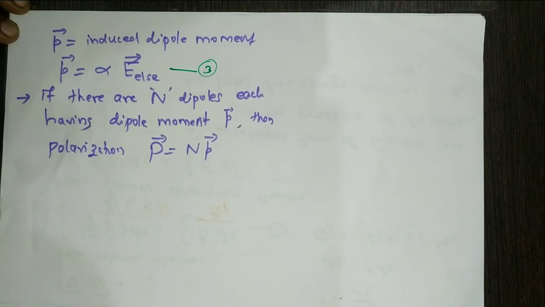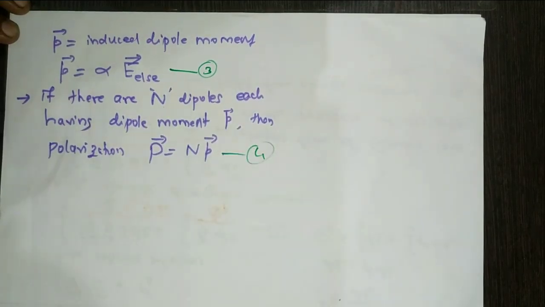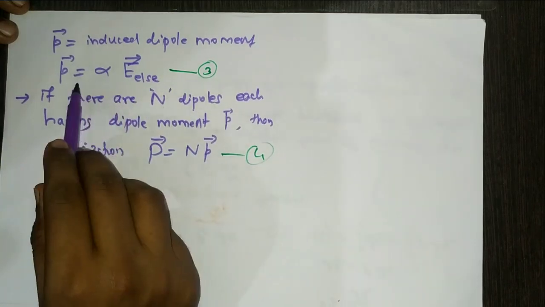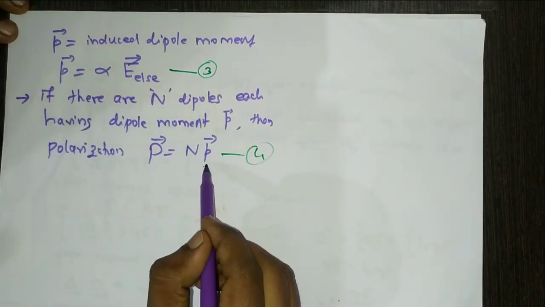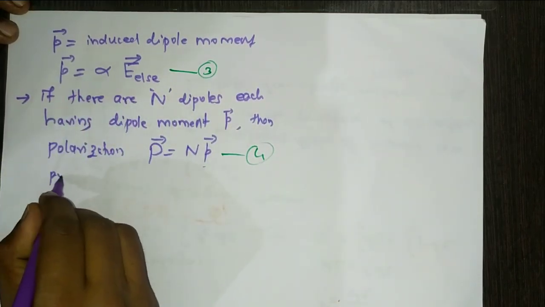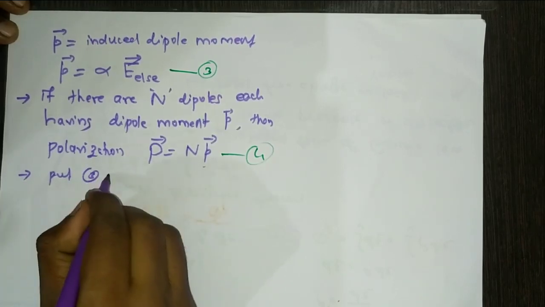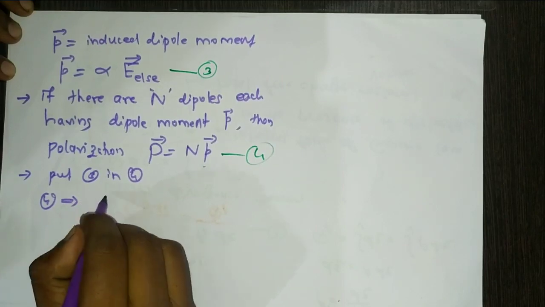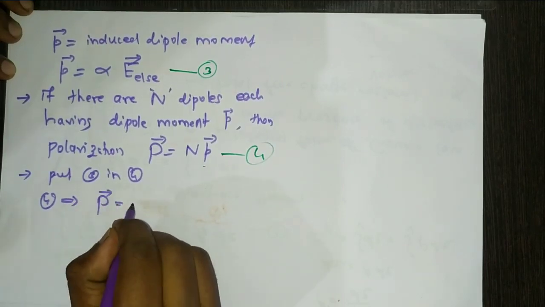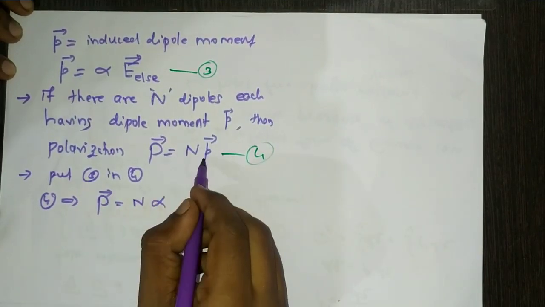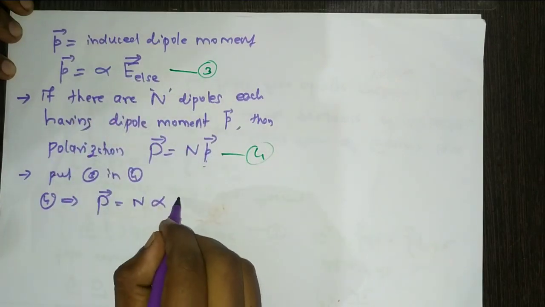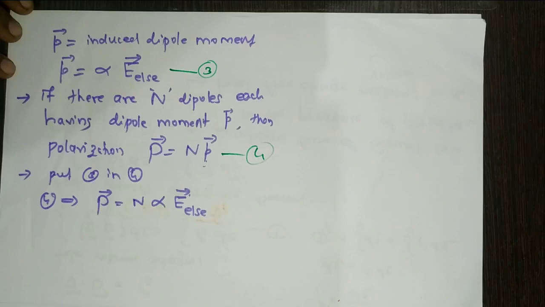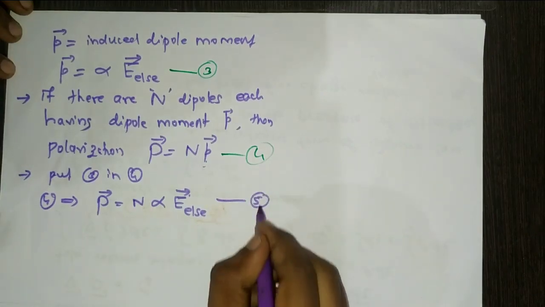This is equation number 4. Here I can replace this p by the expression from equation 3, that is put 3 in 4. Equation 4 can be written as polarization P is equal to n times alpha E else. This is equation number 5.